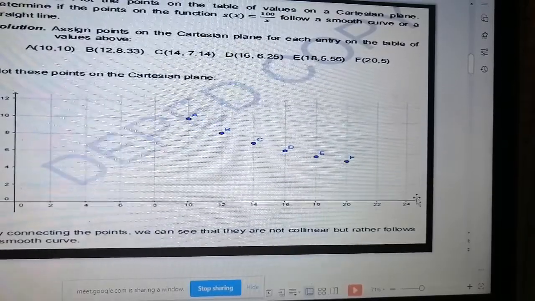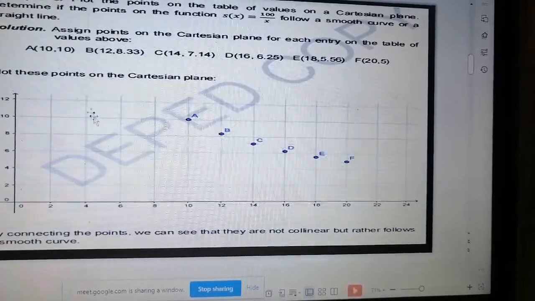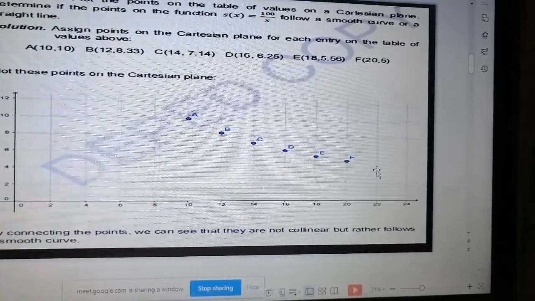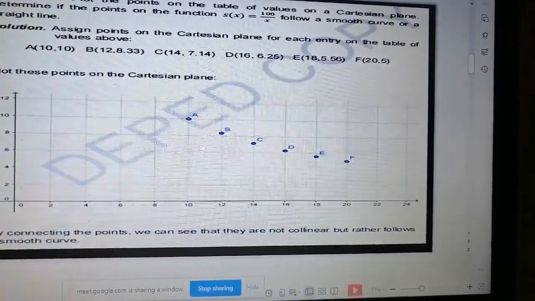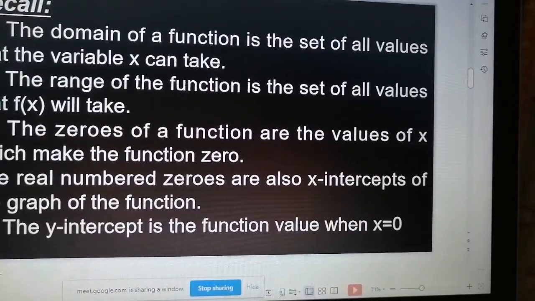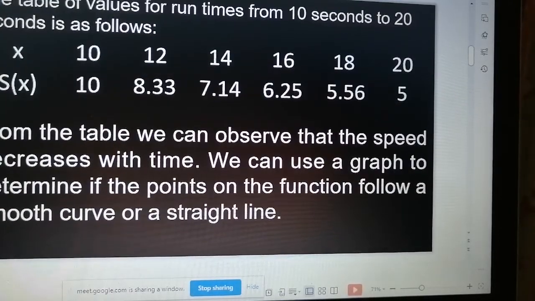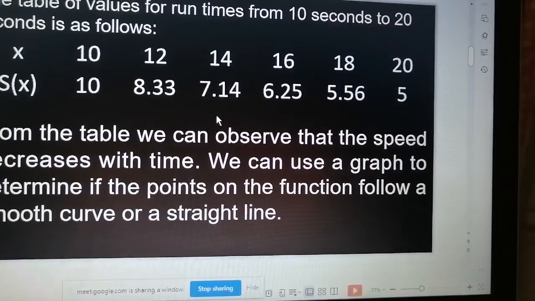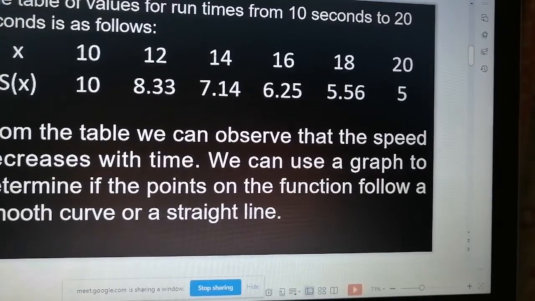Ipa-plot nyo lang yung mga sagot dito sa speed, saka nyo i-graph. May tanong ba dyan sa representation of rational functions? Yan lang naman yun kung paano i-graph. Kukunin nyo yung given speed. Graphing lang yan.